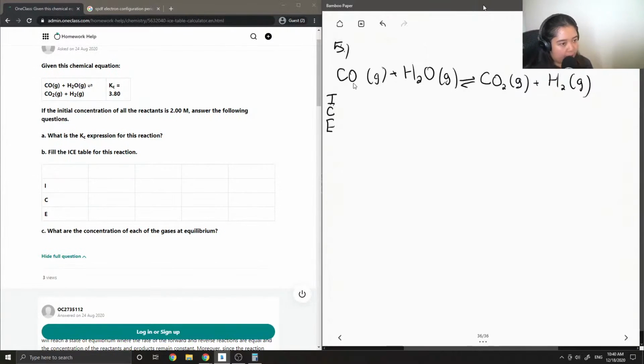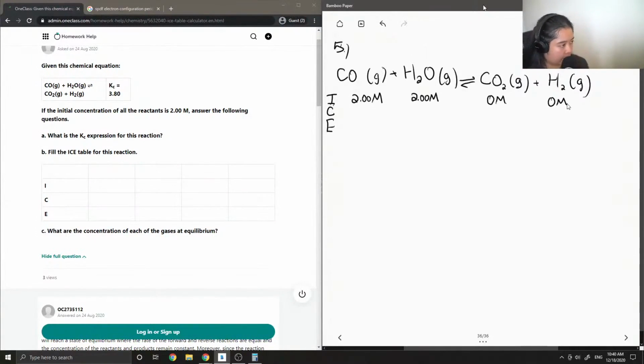So they gave us the initial concentration of all the reactants, which is 2 moles per liter. So both water and carbon monoxide we'll put 2.00 under initial concentration. And the initial concentration of our products, obviously, is just 0.